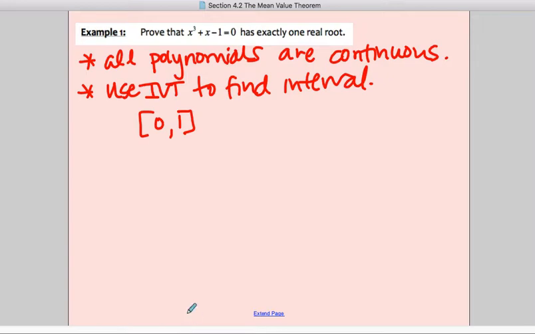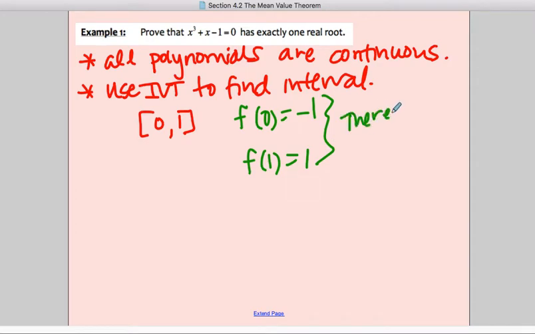So using this idea, I'm going to plug those values into my function. So I'm going to find f of 0. If I plug in 0 here, I get out -1. If I plug in 1 to here, we get out 1. So, do I have a root? Is there a value of c where it is equal to 0 if I'm going from -1 to 1? Yes. So, this tells me there must be an f of c equal to 0 in between 0 and 1.